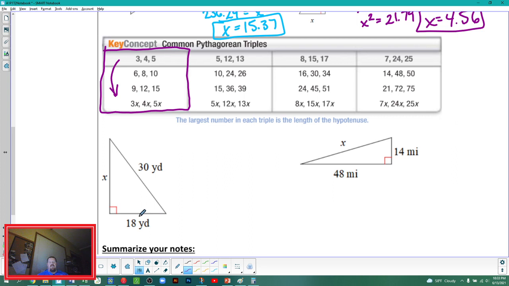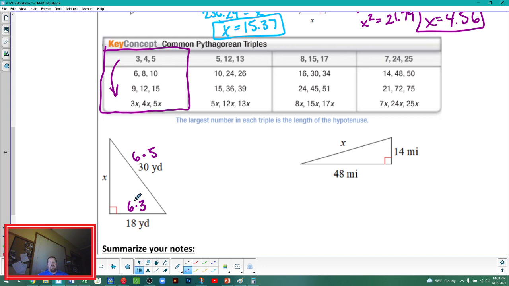For instance, I know that 18 is 6 times 3. And I'm just taking a shot in the dark here. I'm not sure yet. And then 30, yeah, it's 3 times 10, but it's also 6 times 5. And this is the hypotenuse.